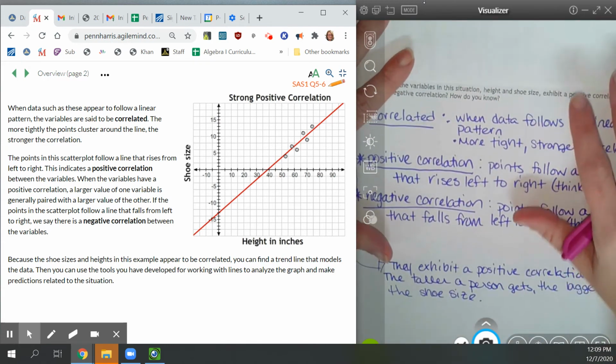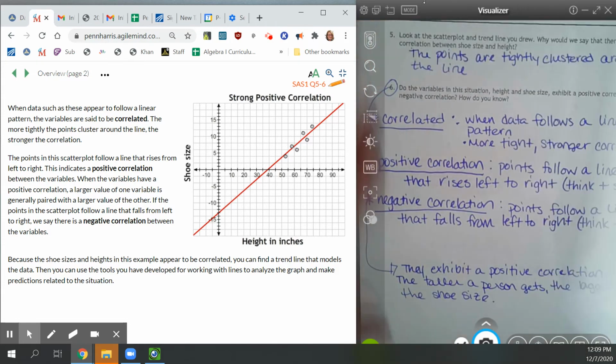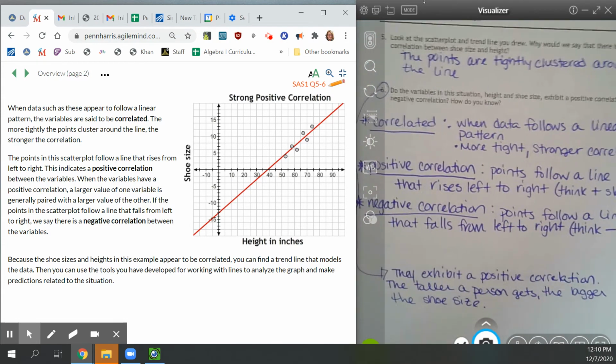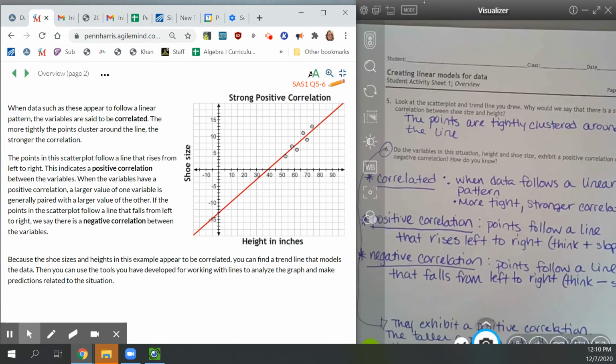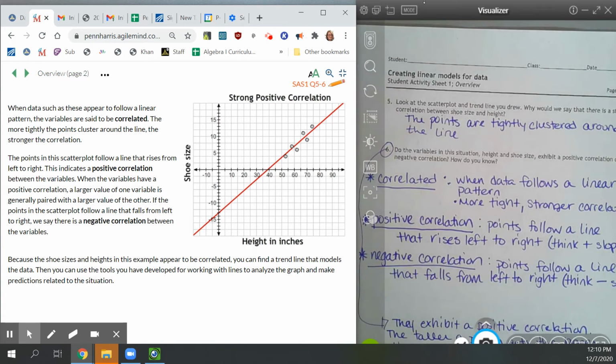I just want to take note of what some of these words are, guys. I apologize, I'm trying to get all this on one sheet for you.